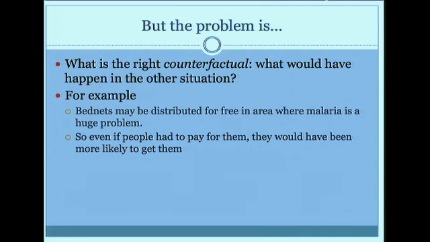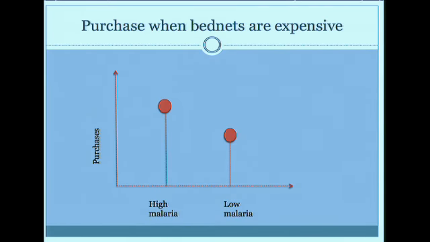So let's look at it in a form of simple graph. Suppose we are going to do the argument for purchase, and the same kind of discussion we could have for use. Suppose we have two regions, the high malaria region and the low malaria region.